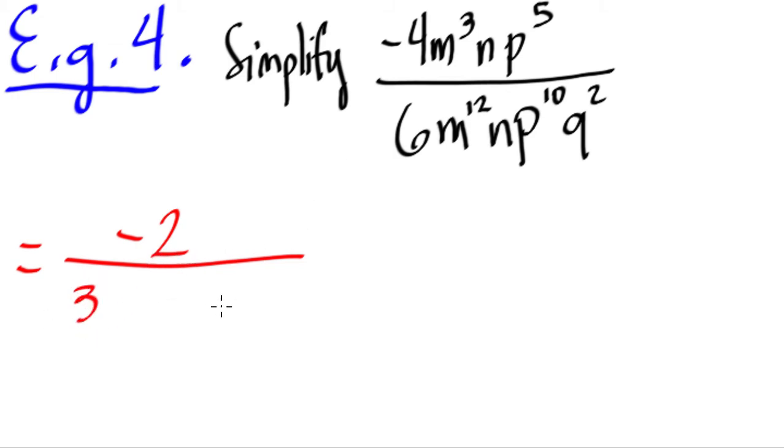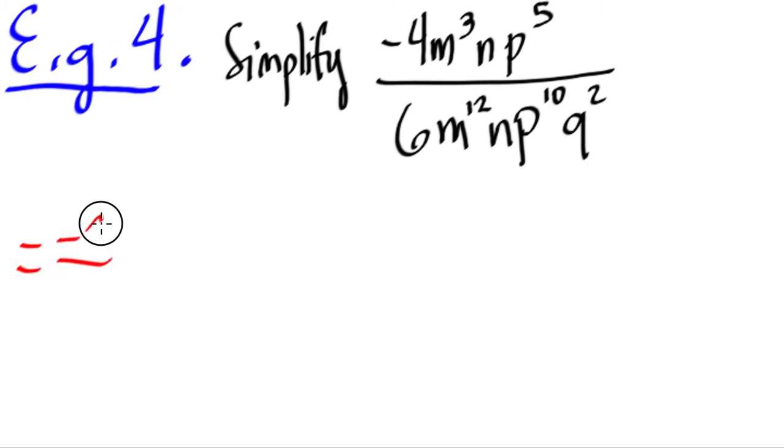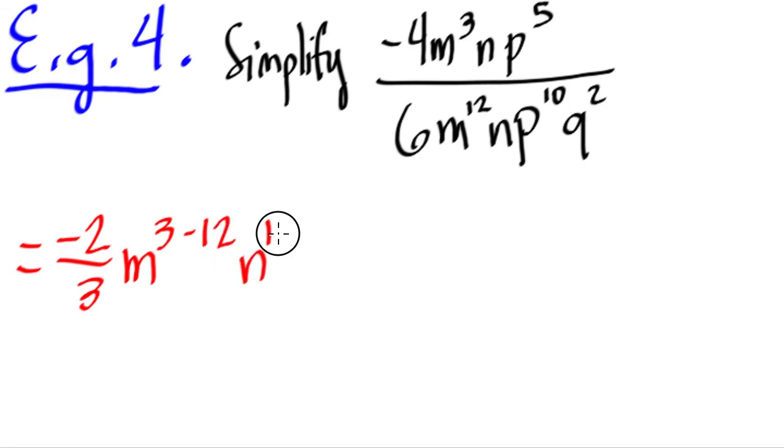Okay. And after this, let's have the variables. Okay, so let's write that in this form. So we have negative 2 over 3. And then what we'll have is m all raised to 3 minus 12 by the second law. And then we have n raised to 1 minus 1.